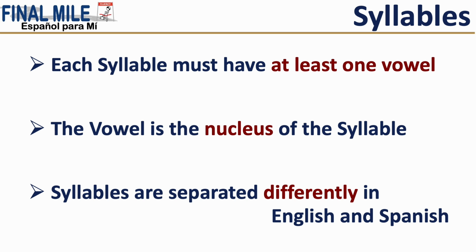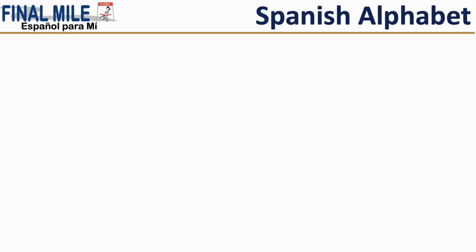And this is at the heart of an accent, okay? Syllables are separated differently in English and Spanish. So if you look at a Spanish word and you separate the syllables the way you are used to separating them in English, that right there is what gives us an English accent.